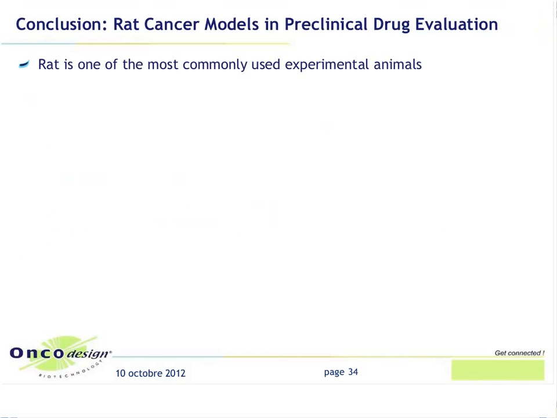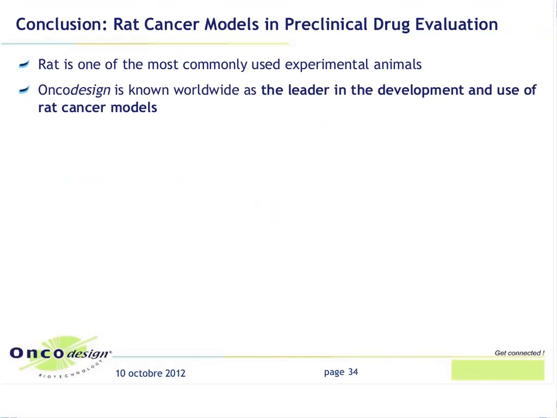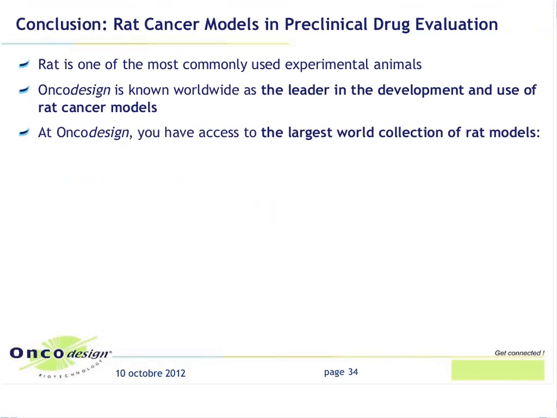To conclude, as described, rats have been the major model species used in several biomedical fields, particularly in toxicology. Over the past 2 decades, Oncodesign has accumulated a great deal of experience in rat models dedicated to oncology.